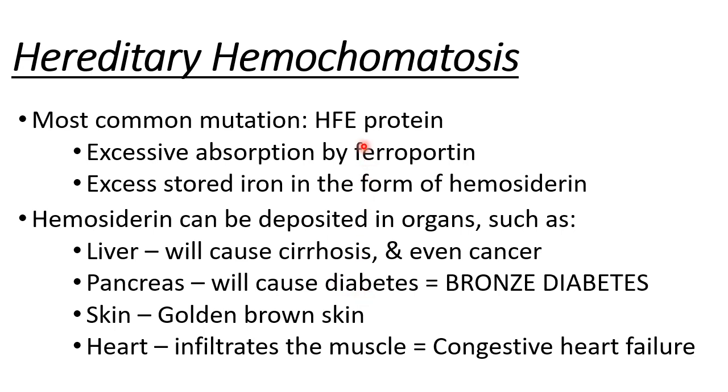Pero in this case, ang tawag sa diabetes niya is bronze diabetes dahil yung skin ng pasyente bronze-like in color. Yun nga, yung skin magkakaroon ng ganitong kulay dahil nade-deposit yung hemosiderin underneath the epithelium. And lastly, pwede mag-deposit dun sa heart muscles causing congestive heart failure.